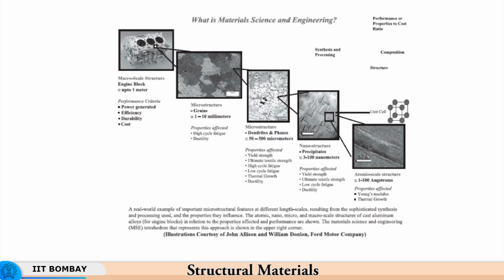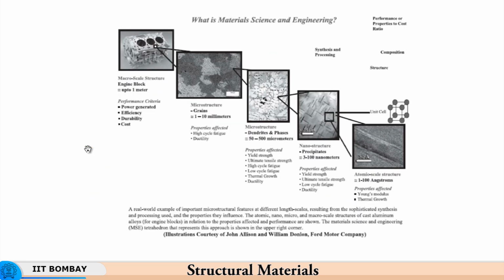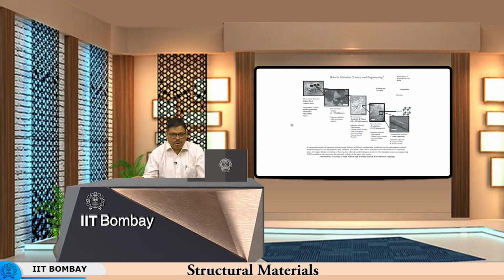So, to end the lecture, I would ask you to make up your mind what material you would like to select for the beverage, and then I would also like you to pay attention to materials being seen at various levels. We have seen the macroscopic level, and then gone down.